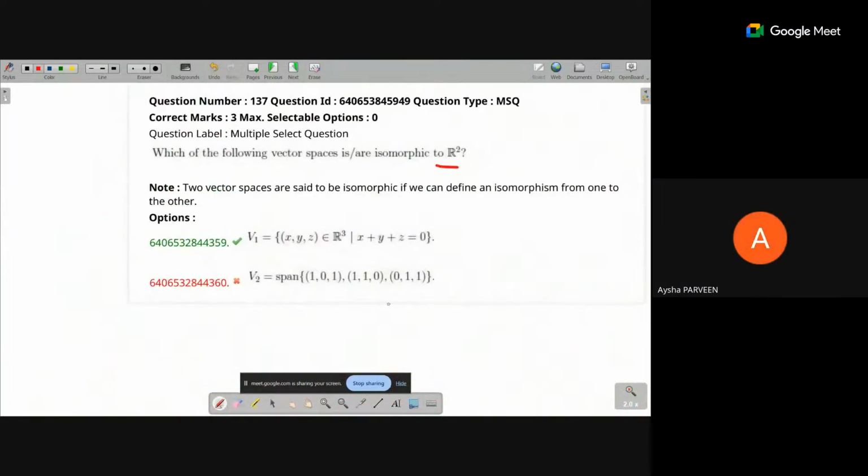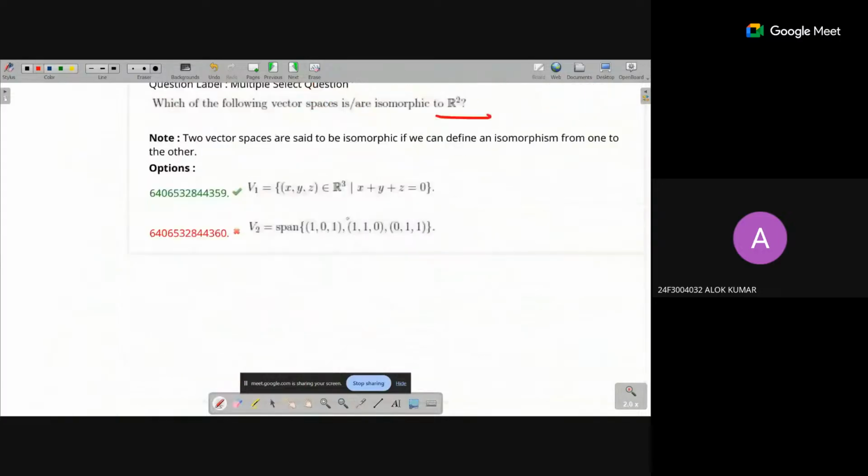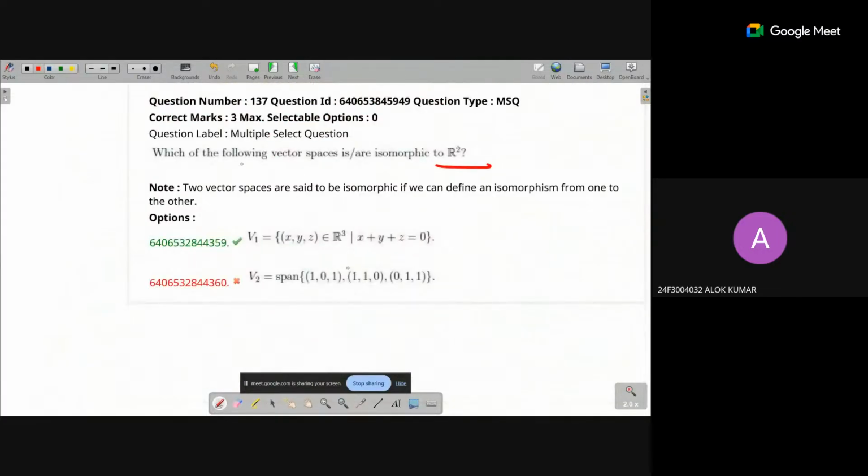Sir, how can we find the dimension of B and the dimension of C? From the question. Say this question asks which of the following vector spaces are isomorphic to R square. Suppose R square is considered the domain, and these are B1, B2, B3, B4, B5.